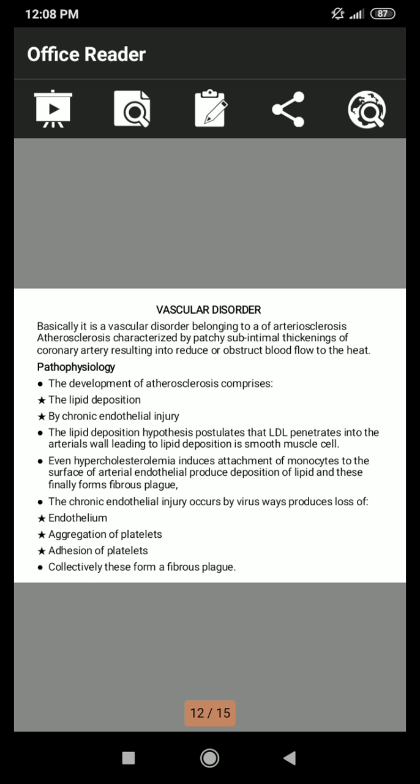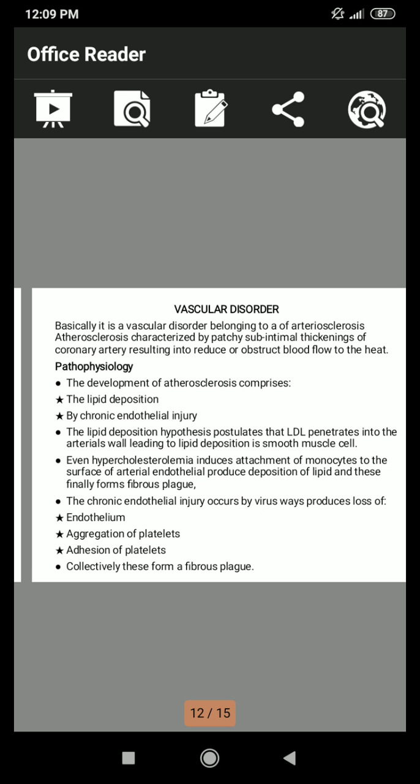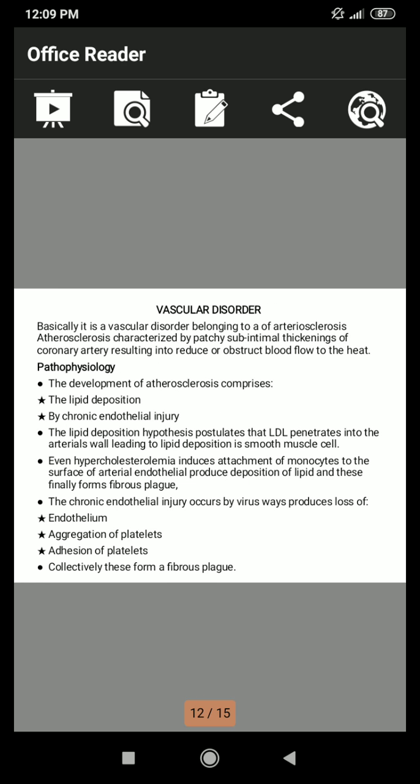Signs and symptoms of vascular disorders or atherosclerosis. Atherosclerosis is characteristically silent until other cardiovascular disorders such as thrombosis, aneurysm, or embolism supervene.